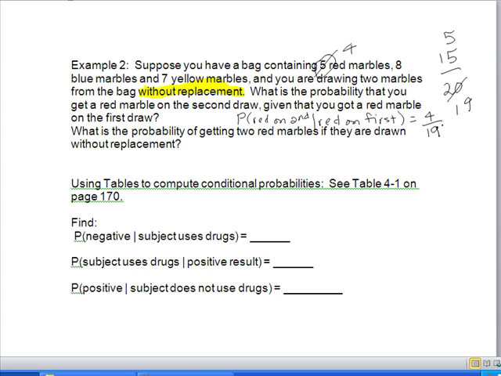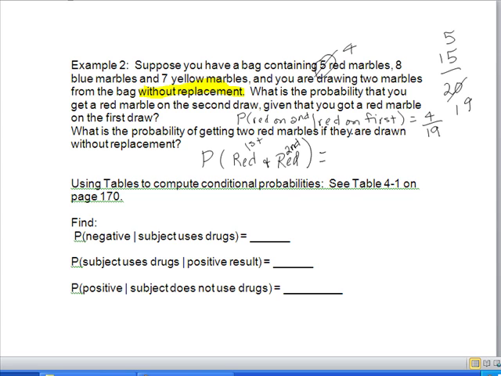Okay, and so we want to know the probability of getting red and red. So this is the first draw and the second draw. Red on the first draw, we have 5 out of the 20.